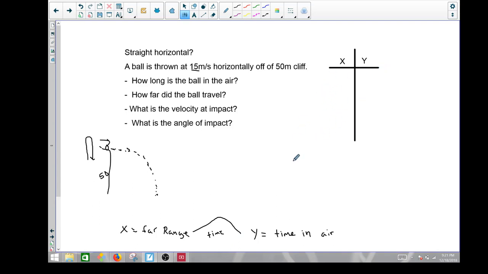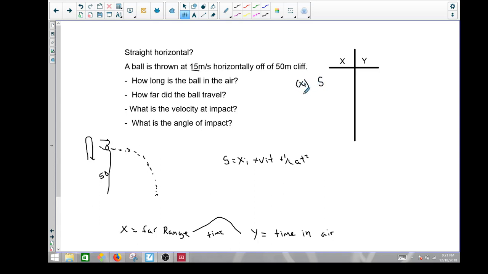First things first, we're going to use two major formulas, the distance formula. Distance equals xi plus vit plus 1/2 at squared. So I'm going to use the location. Again, s, I refer to as x(t).